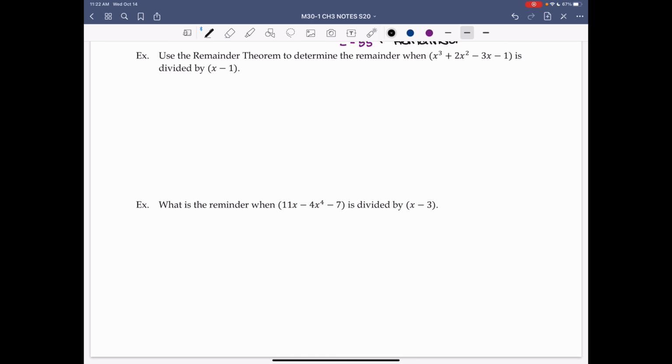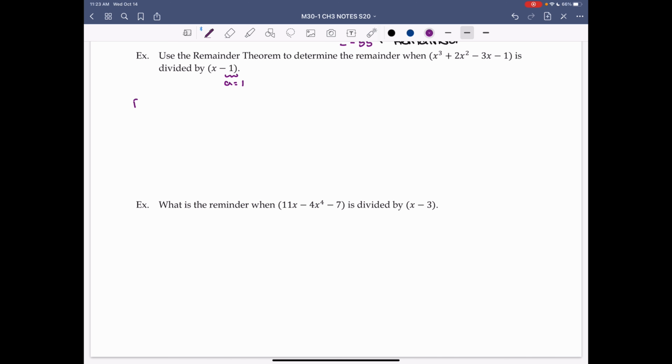Use the remainder theorem to determine the remainder when x to the 3 plus 2x to the 2 minus 3x minus 1 is divided by x minus 1. First, we need to determine our a value. In x minus 1, our a value would equal 1.